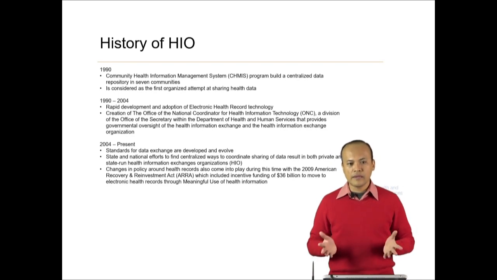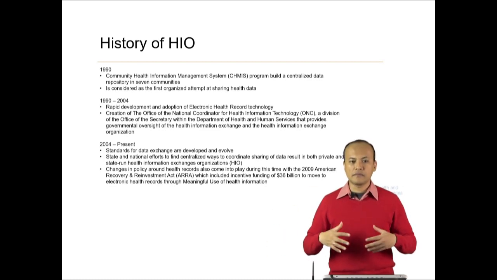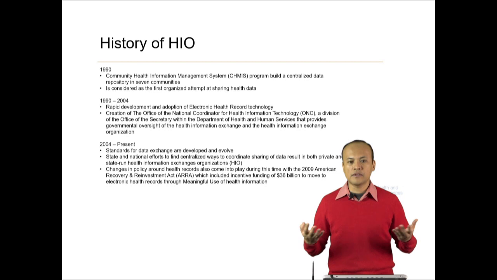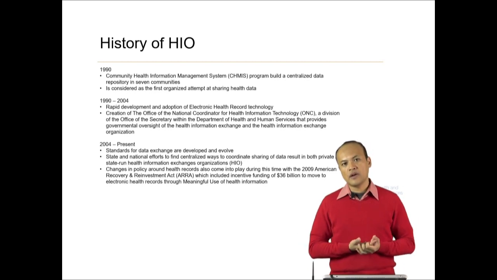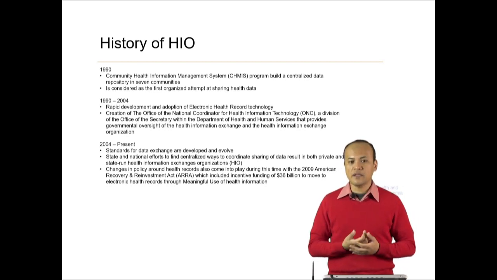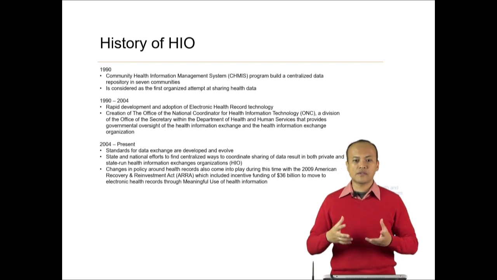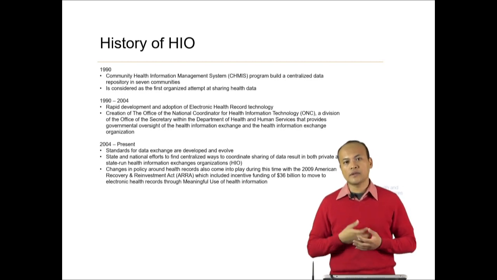And now, with the advancement of internet technology, from 2004 all the way to the present, standards are being developed to ensure the capability of exchanging information between health organizations, as well as policy that supports, promotes, and mandates health information exchange.